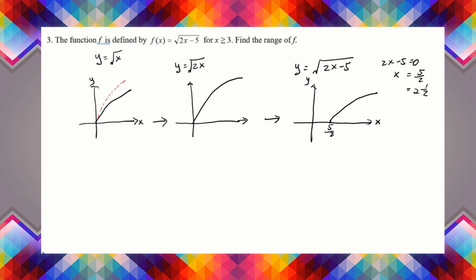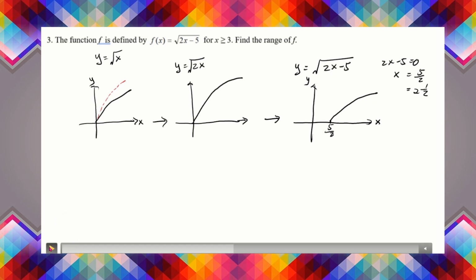The question has changed the domain to x greater than or equal to 3. If the domain changes, the range also changes. So we need to find out, when x is greater than or equal to 3, what is y?